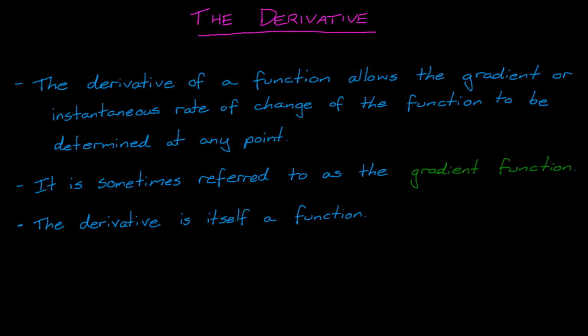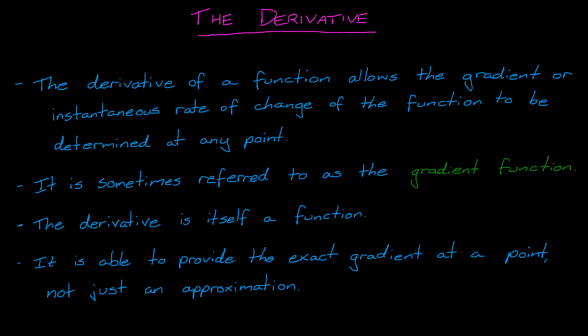The derivative or gradient function is itself a function. And finally, as we'll see shortly, the gradient function or derivative is able to provide the exact gradient of a function at a point, not just an approximation.